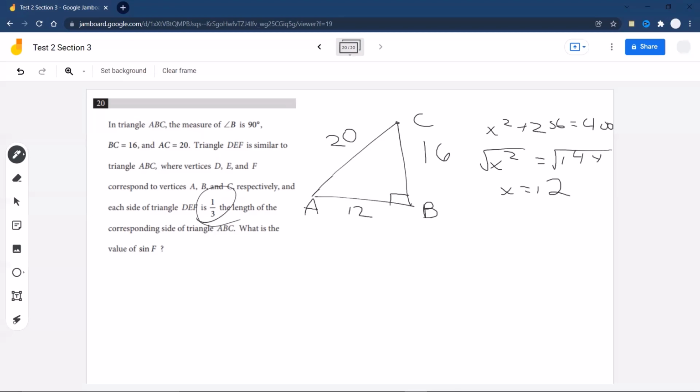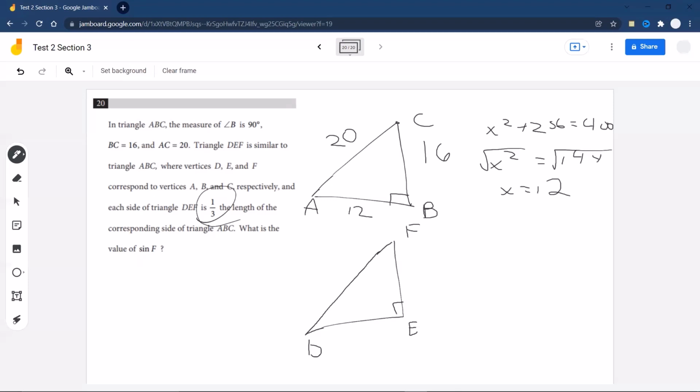So now if we draw the similar triangle here, DEF. We know that DEF is in the same ratio. It's the same exact triangle, except the only difference is that each side of triangle DEF is 1/3 the length of the corresponding side.